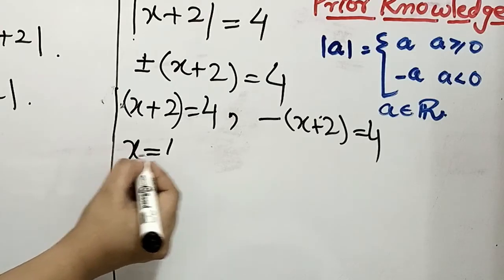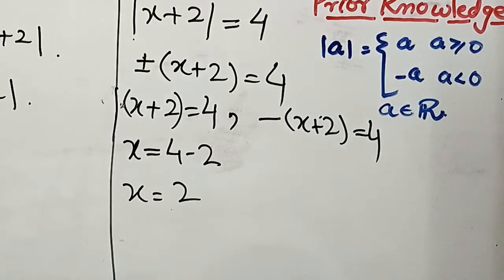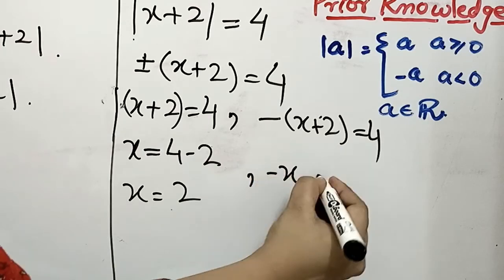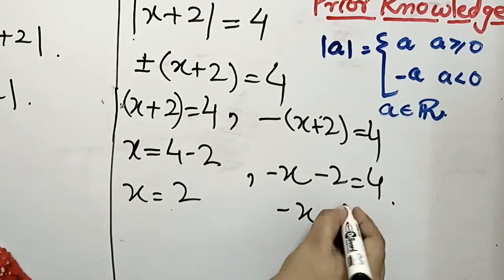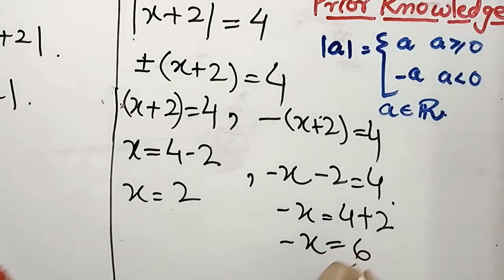So x is equal to 4 minus 2, that is x is equal to 2. And it will be minus x minus 2 is equal to 4. So minus x is equal to 4 plus 2, so minus x is equal to 6 and x is equal to minus 6.